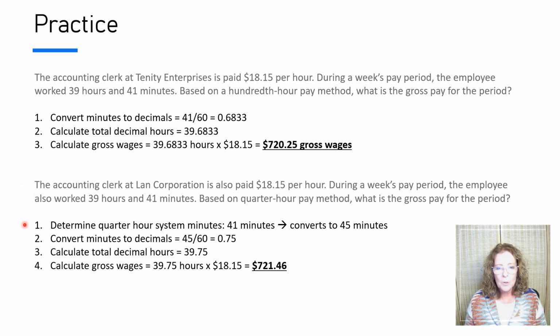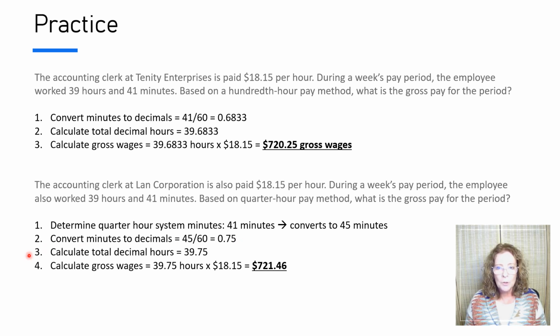Because we're using the quarter-hour system, we need to determine the quarter-hour minutes. 41 minutes is closer to 45 minutes than 30 minutes. Therefore, we will be using 45 minutes. We then convert the minutes to decimals by dividing the 45 minutes by 60, which results in 0.75.